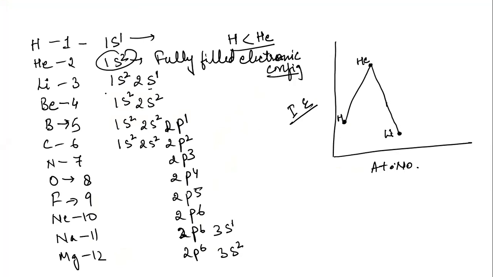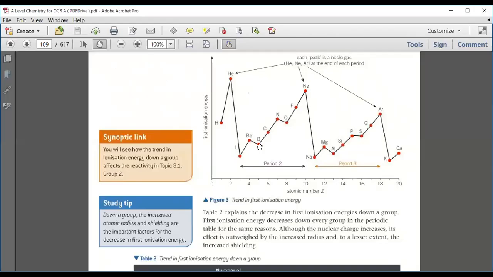Now after lithium, if you see beryllium, its configuration is 2s2, and the s subshell is again fully filled. So it will be a little bit stronger. It will be like this, beryllium. Then boron will again drop down.